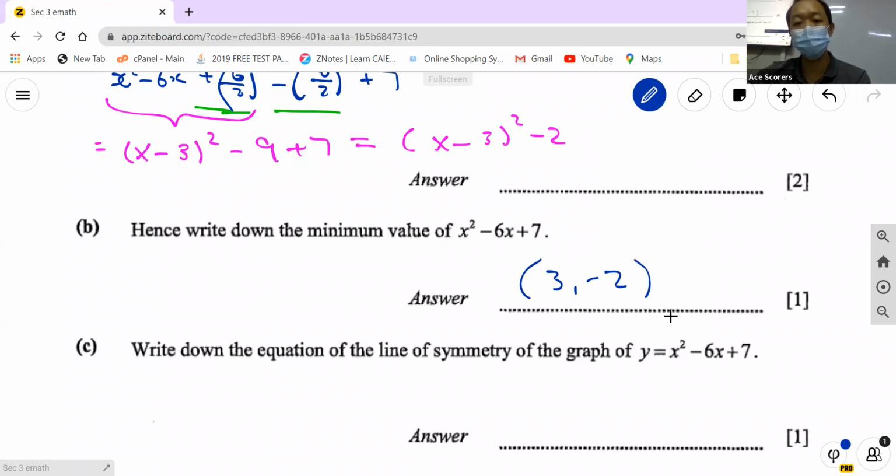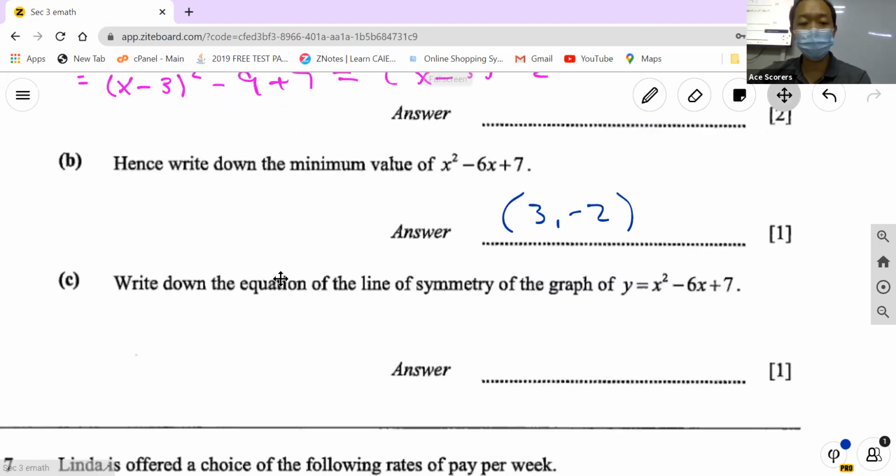This is the minimum point. Take the whole value, minus 2, just put it down here. Minus 3 becomes plus 3. Just times minus 1: if it's minus 3, put 3; if it's 3, put minus 3. Just reverse it.